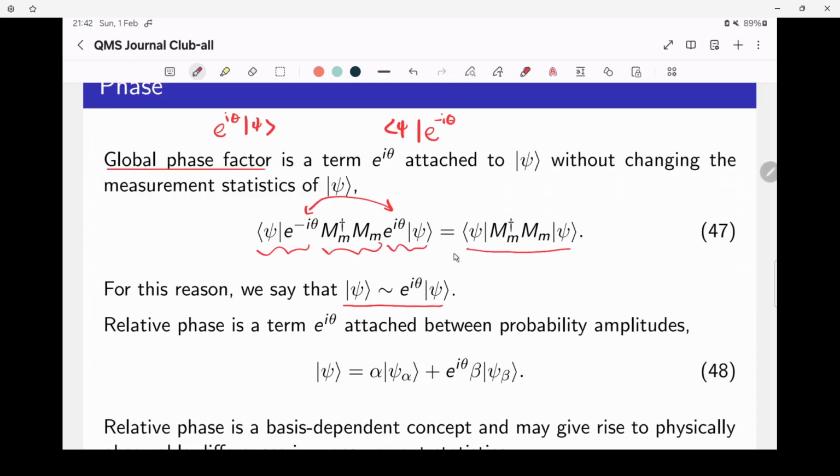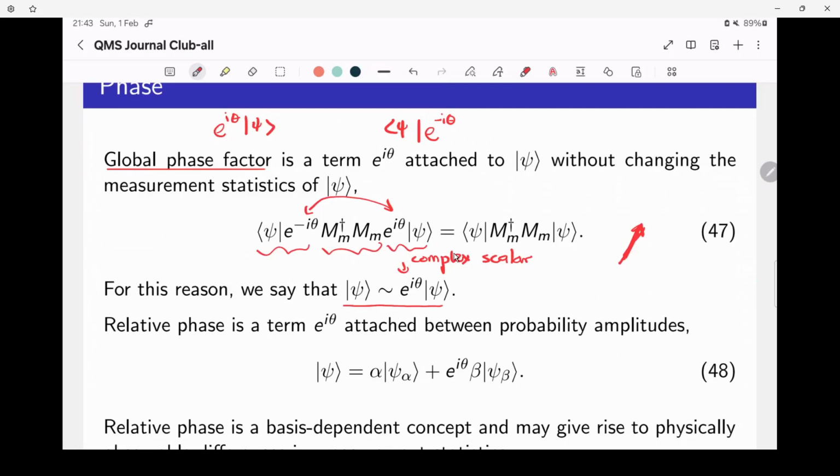And because of this, when you look at your quantum states, you have to normalize them so the length equals 1, the inner product equals 1. In this case, your global phase adds nothing to it because you can consider this as a complex scalar. If your vector points towards this direction, e to the i theta doesn't really add to your scalar multiplication, it still points in this particular direction.